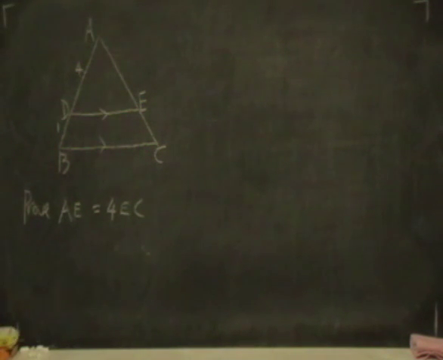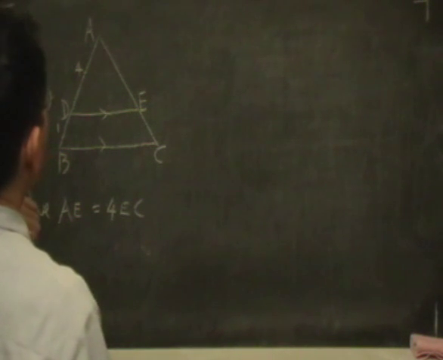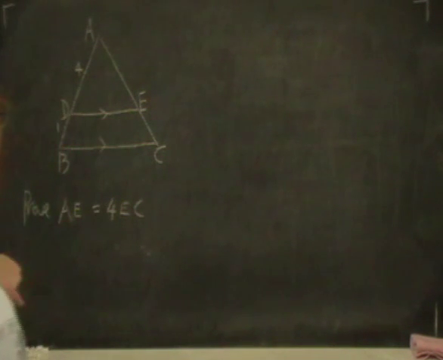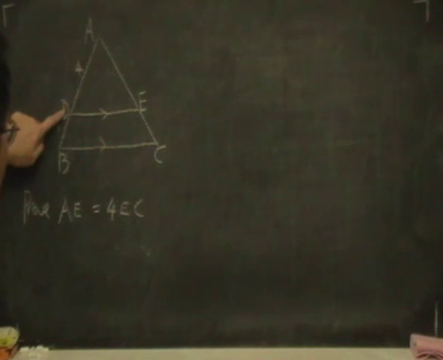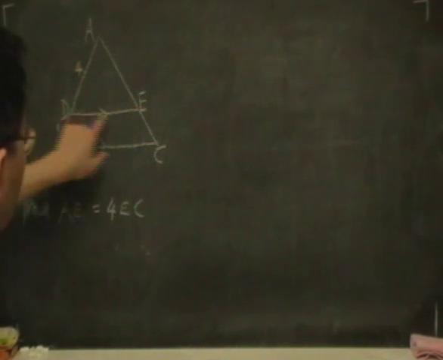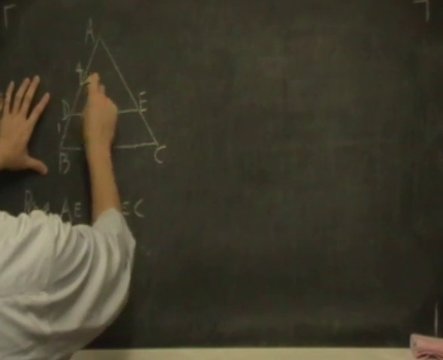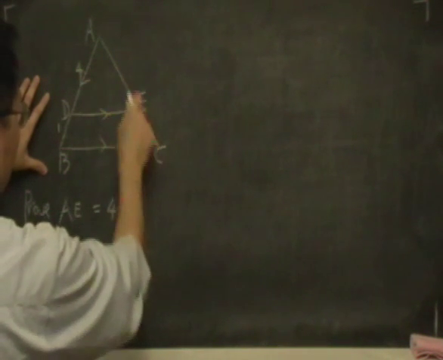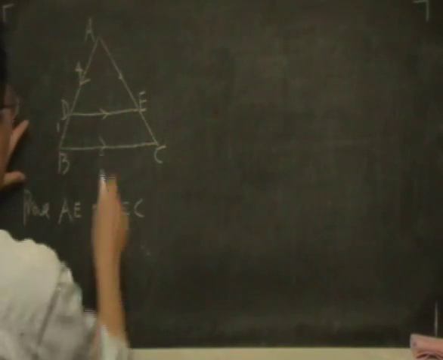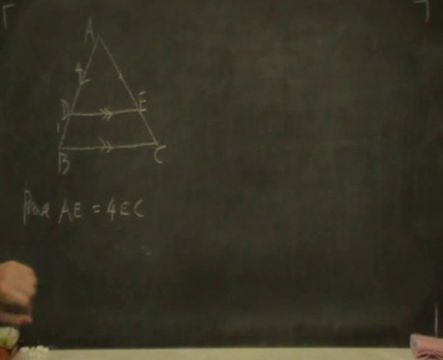Let's start by defining some vectors. So we know that we can express AE in terms of AD and DE, because we have a triangle there. If I think about AD as a vector, and AE also as a vector, let me just draw a double arrow there just to show that this means parallel.